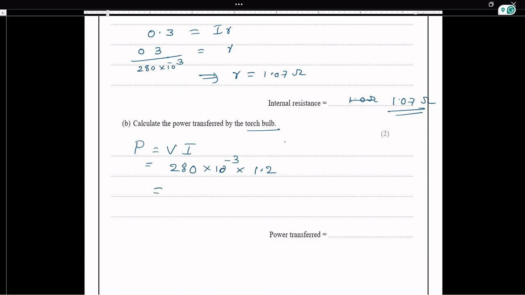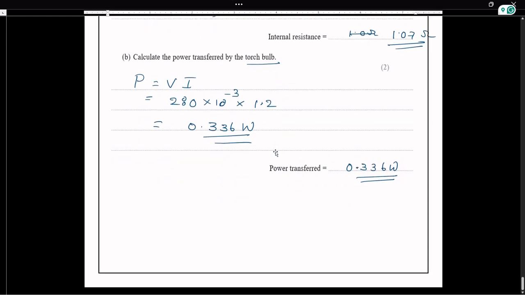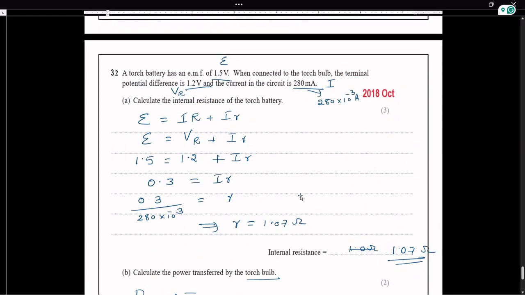So this gives an answer of 0.336 watts. So power is 0.336 watts. So this is the last question for this video.